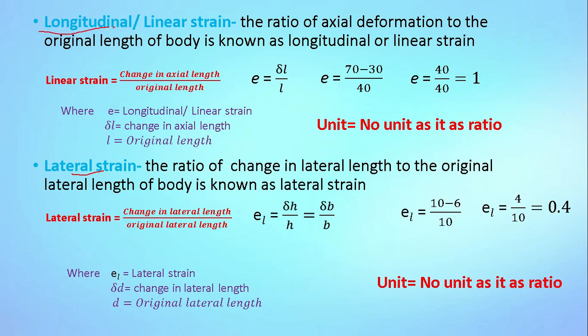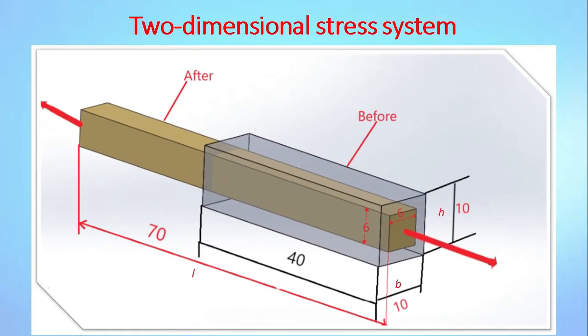First one, longitudinal or linear strain. The ratio of axial deformation to the original length of the body is known as longitudinal or linear strain. In the previous slide, this is the applied force, and along the direction of applied force, this is the length.